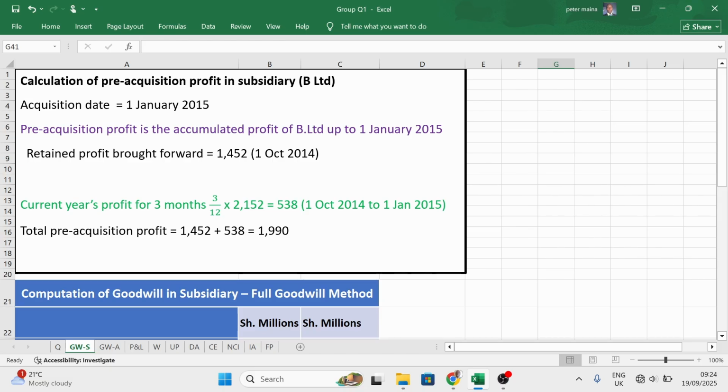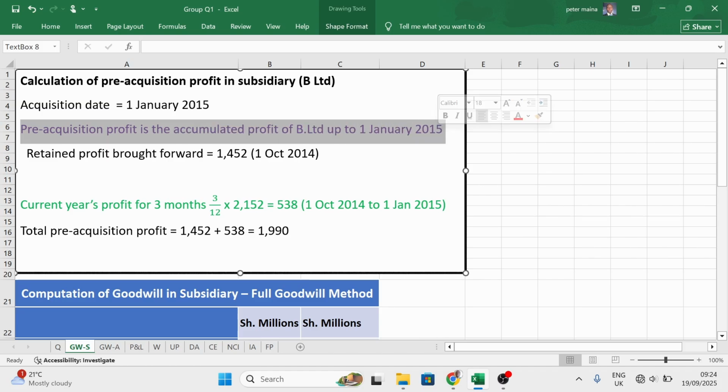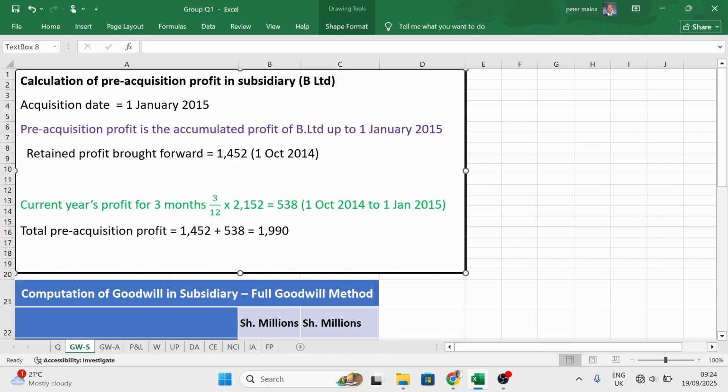So the acquisition date was 1st January 2015, and pre-acquisition profit is the accumulated profit of B Limited up to 1st January 2015. How do we find that? First, we want to get the retained profit brought forward.